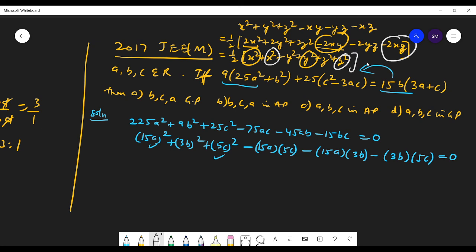So what do you get ultimately? Ultimately, you will get half of x minus y whole square plus y minus z whole square plus z minus x whole square. Yes, students?